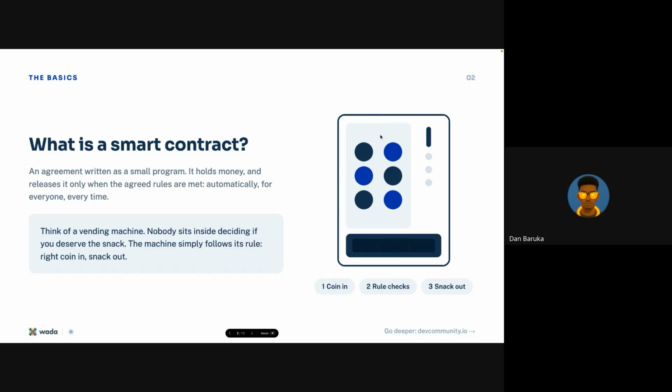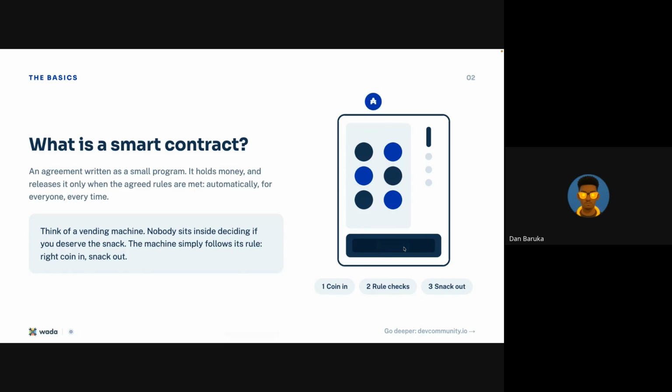If it's fake money, you won't receive the snack, and if it's real money and it's enough for the snack, you'll get the snack out. No need for someone inside, no need for papers, no need for someone deciding yes or no, whether you deserve it or not. And at the same time you put in the coin, you receive the output directly.